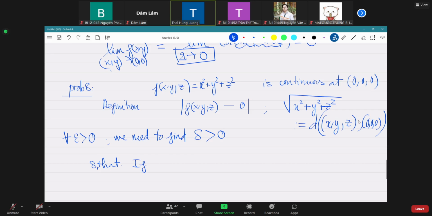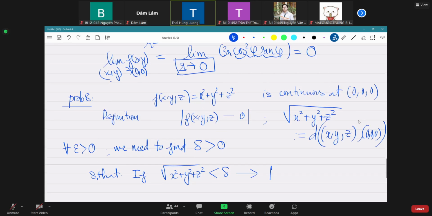If the distance from the point x, y, z to 0 is less than delta, then the distance between the value of f at this point and at 0, 0 is less than epsilon.